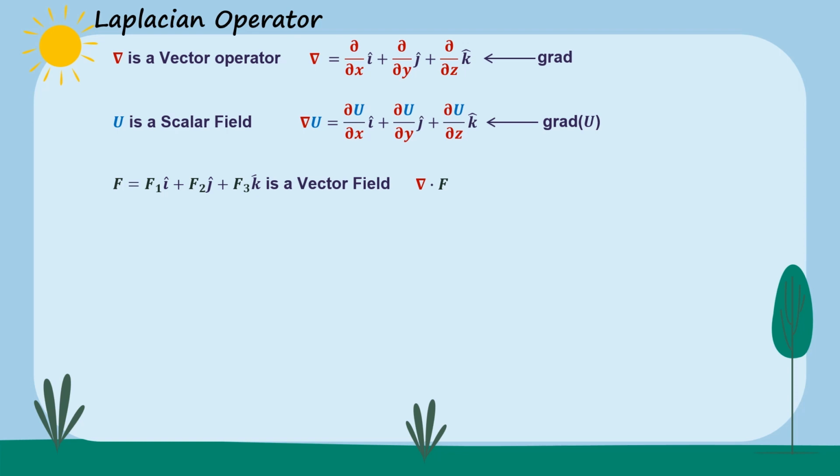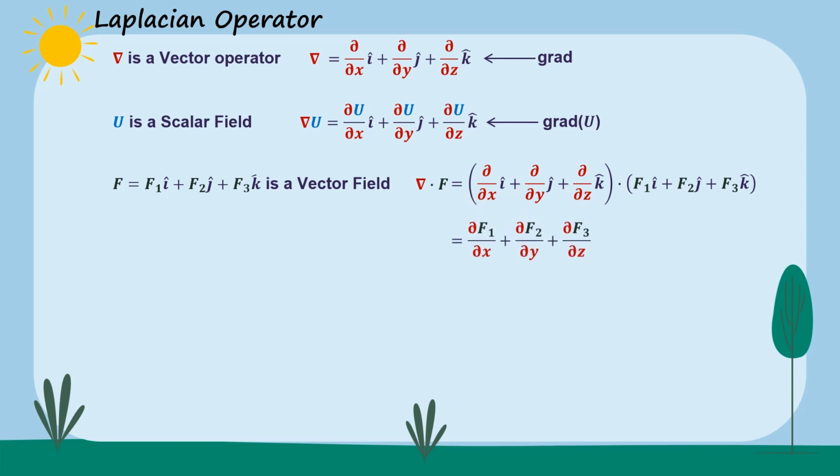So grad dot f is a dot product. We multiply del x operating on f1, del y on f2, and del z on f3. We can write down the grad dot f expression, and that particular expression is called the divergence of f, or div of f.